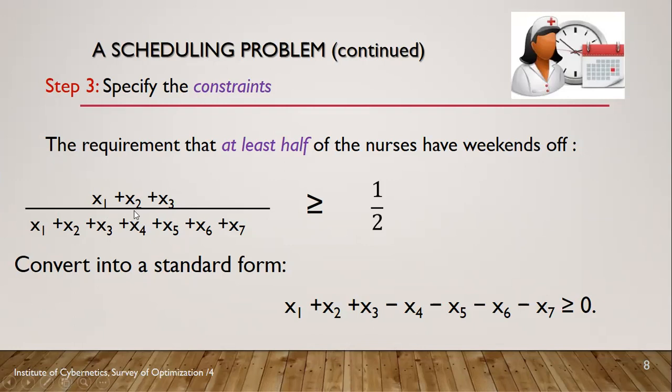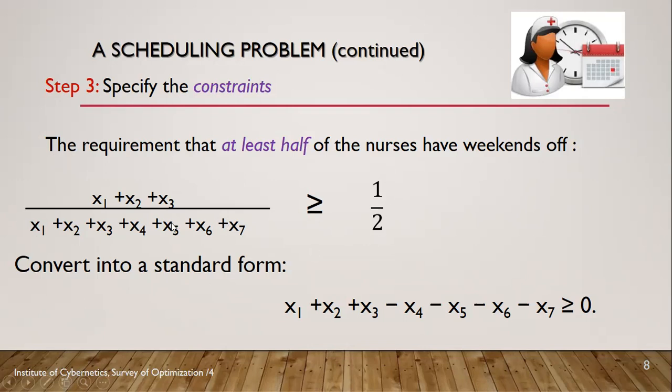So therefore, for the number of those who do not work on the weekends, we develop the summation of these 3 variables. And as related to the total number of nurses, which is the sum of all X sub i's, we need to satisfy the condition of this ratio expression being greater than or equal to a half.